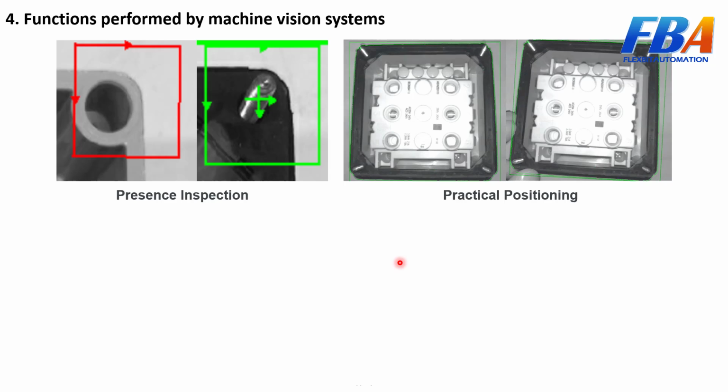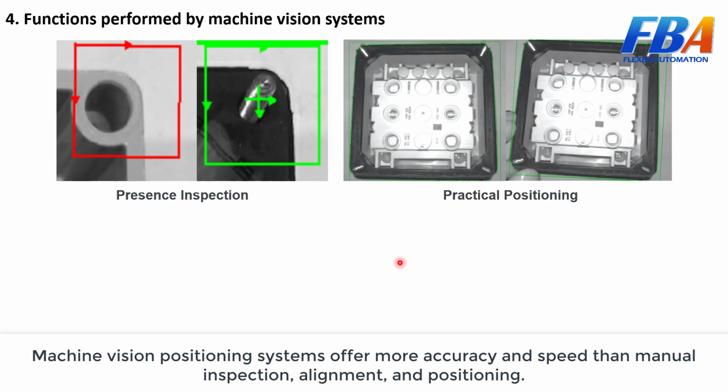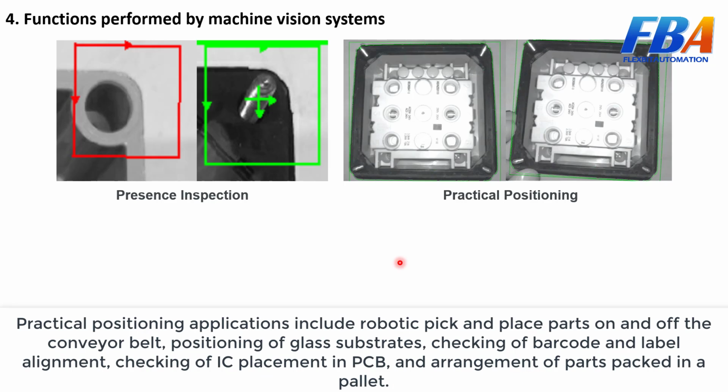Machine vision positioning systems offer more accuracy and speed than manual inspection, alignment, and positioning. Practical positioning applications include robotic pick and place of parts on and off the conveyor belt, positioning of glass substrates, checking of barcode and label alignment, checking of IC placement in PCBs, and arrangement of parts packing in the pallet.